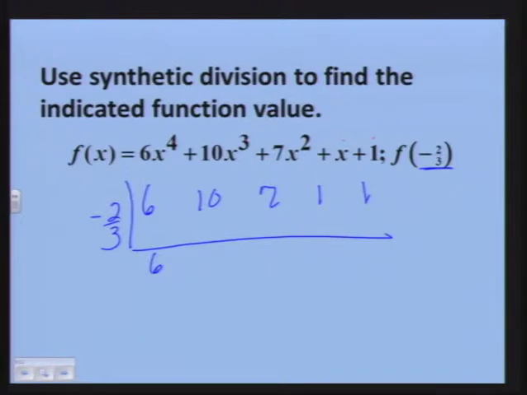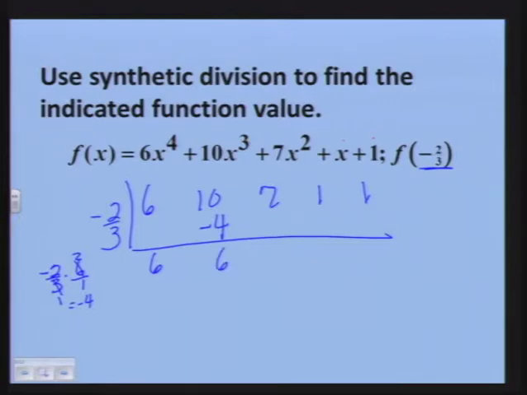Bring down the 6. Now 6 times negative 2/3 is negative 4. You don't believe me? Let's come off on scratch. Negative 2/3 times 6. 3 goes into 3 once, into 6 twice. Negative 2 times 2 is negative 4. So 10 minus 4 is 6.